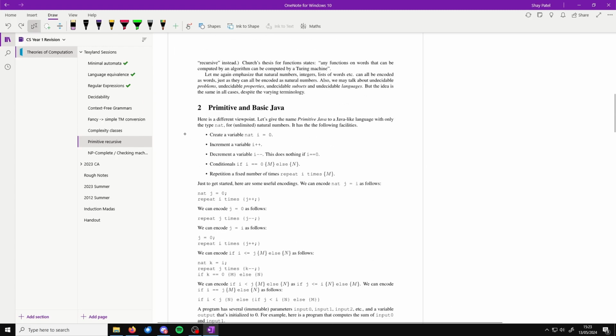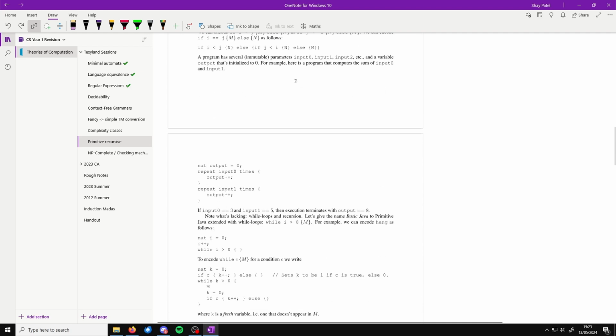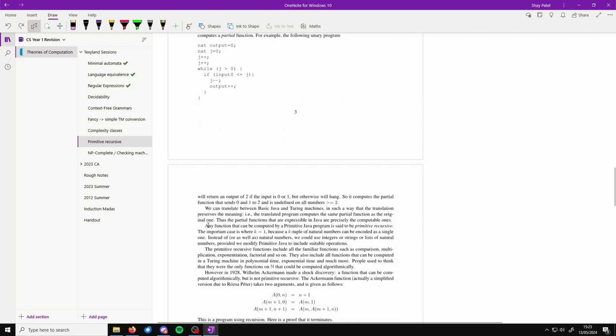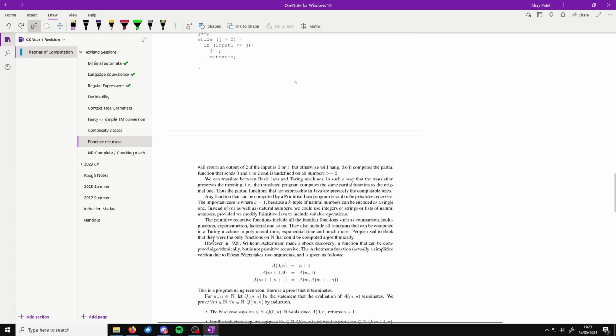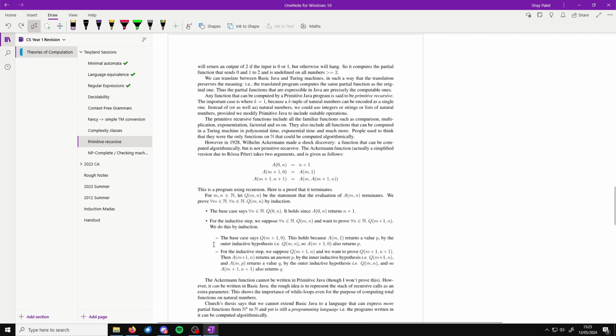We can create variables, increment variables, decrement variables, have conditionals, and have repeat loops, which are count controlled, so essentially like for loops. And we can derive all of this other stuff from those primitive Java rules. And if we can do something in primitive Java, we can say that's a primitive recursive function.